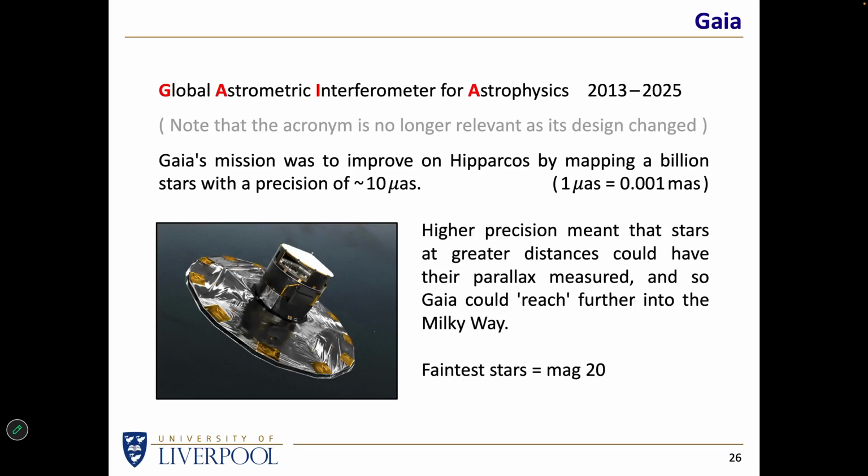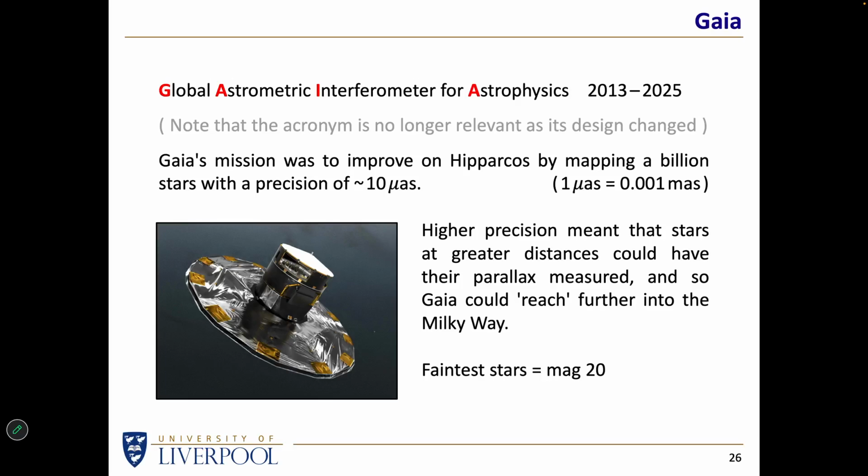And the high precision, remember the parallax triangle, if you've got a parallax angle that's very small, that corresponds to a great distance. If you can measure that parallax angle very accurately, you can measure distances with a greater reach. In other words, you can determine the distance to more distant stars if you can measure that parallax angle accurately.